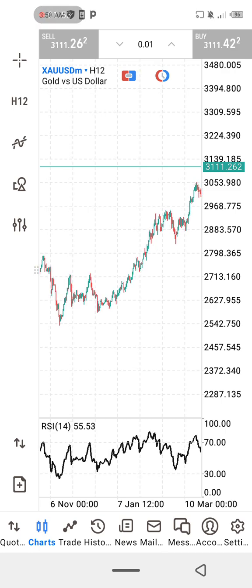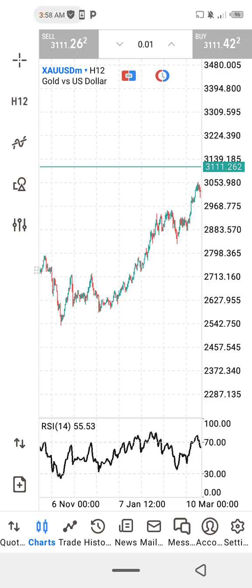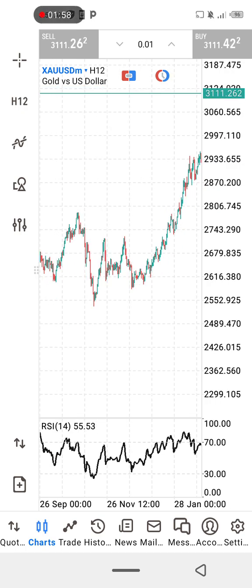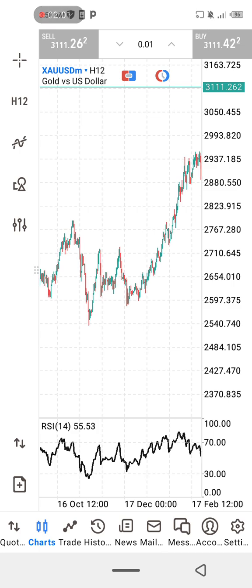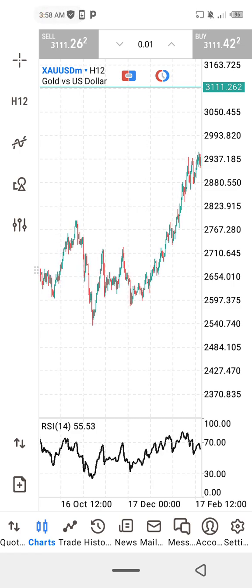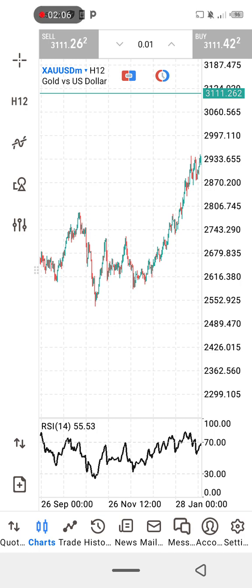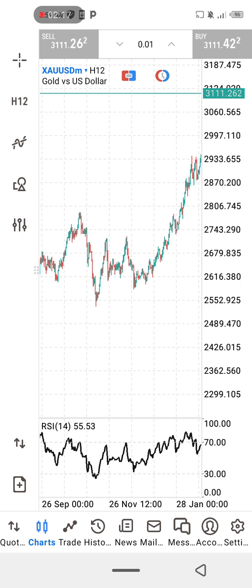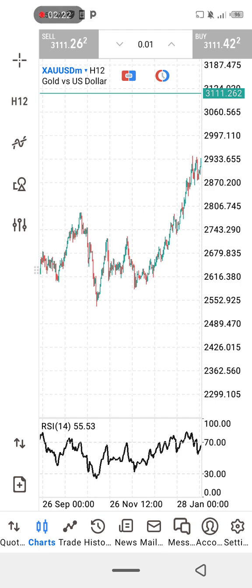As you can see, we are on a 12-hour time frame, and as a successful and profitable trader, you have to start analyzing your trade from a higher time frame, known as top-down analysis. You start on a higher time frame, then you come down to lower time frames, know what you are supposed to spot, and then on an extreme low time frame you look for confluences and then enter the trade.